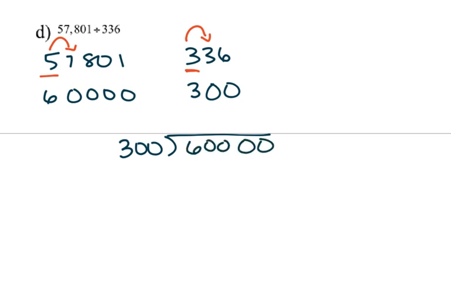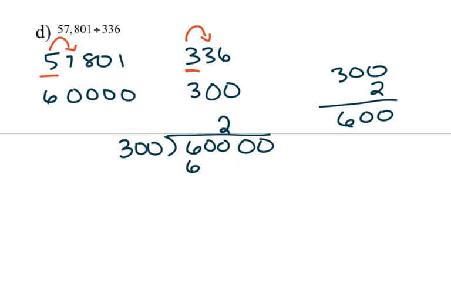Okay. We can imagine how many times does 3 go into 6, and that is 2 times. All right, so where do we put our 2? Just imagine it as this. 300 times 2 will give us 600, and so that 2 goes in this place right here, because that 600 will line up nicely with this to give us a remainder of 0.